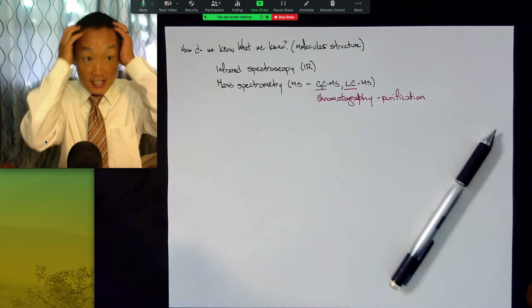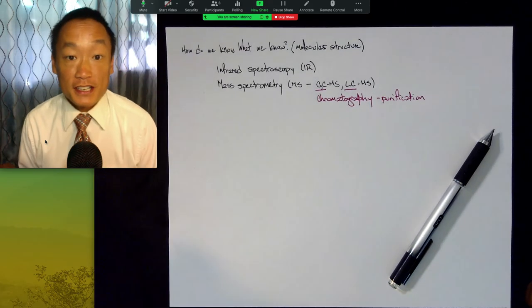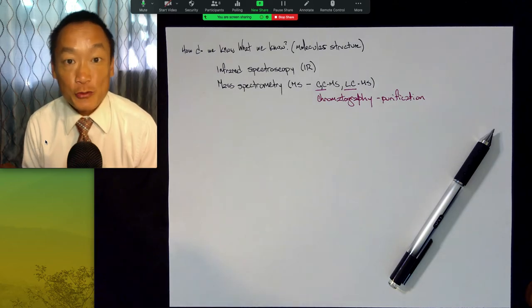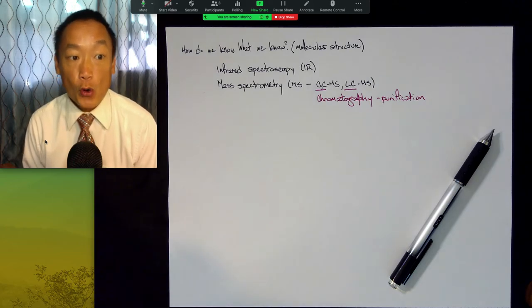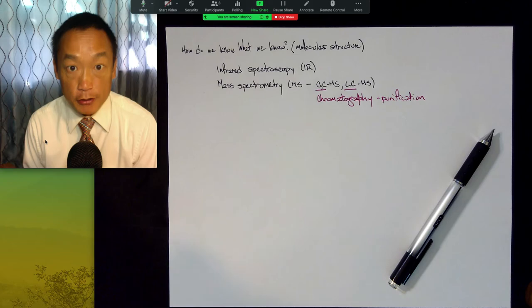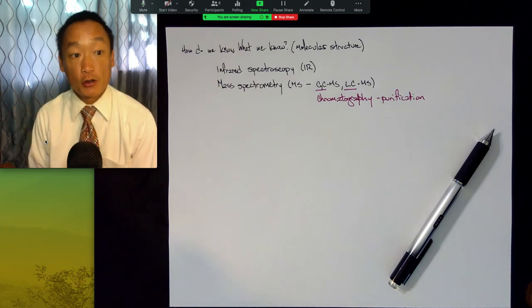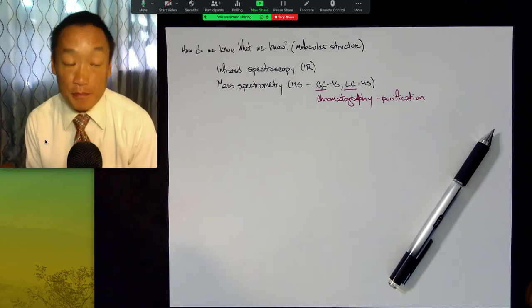And this is awesome stuff because I'm going to tell you that as chemists, we have invented a way to measure the weight of one molecule. Just one molecule. And that's going to be the second part of the lecture today.